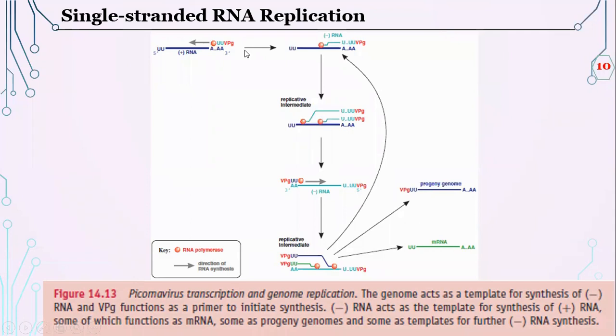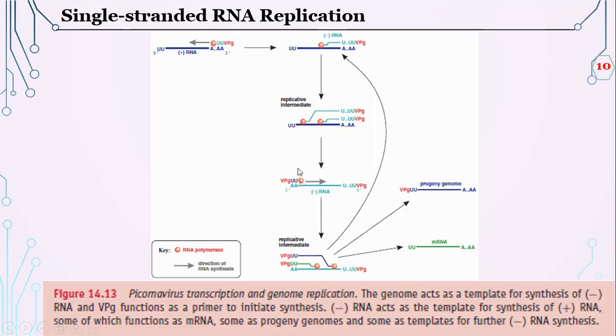In the replicative form, the plus strand is in association with the negative sense strand, and you can see that in association with RNA dependent RNA polymerase. So all of these will be present in the intermediates. Similarly, when these negative sense strands are produced, they will be used as a template for the positive sense strand.